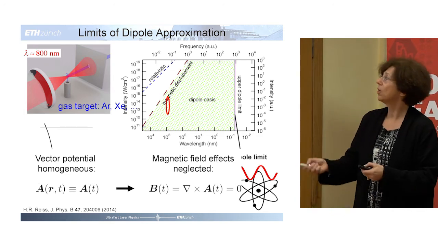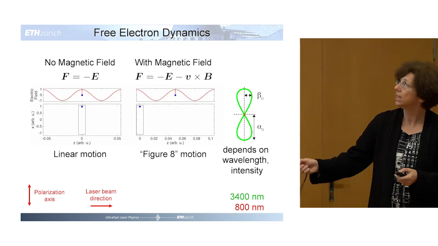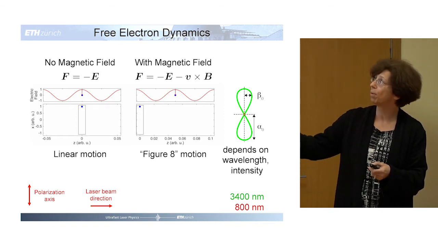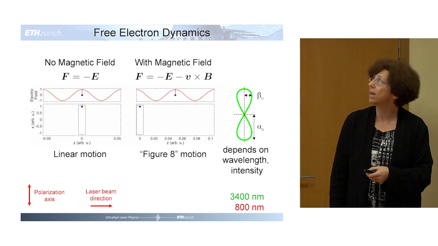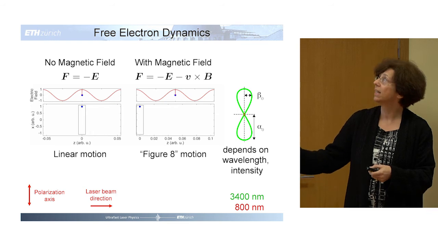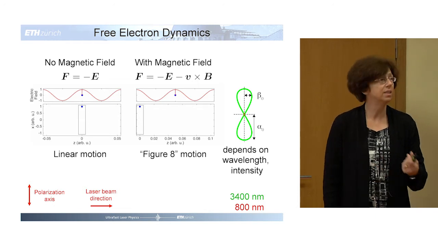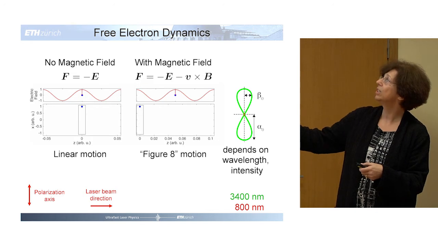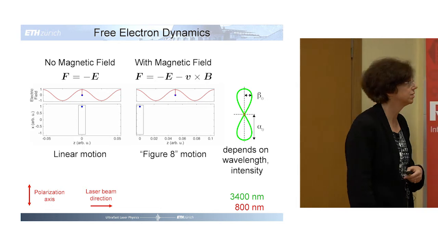With only the electric field, the electron in a linearly polarized field just goes up and down. If the magnetic field becomes important, then in the moving frame you start having this figure 8 motion. And the limit is defined when this deviation in the figure 8 becomes comparable to the electric field motion.